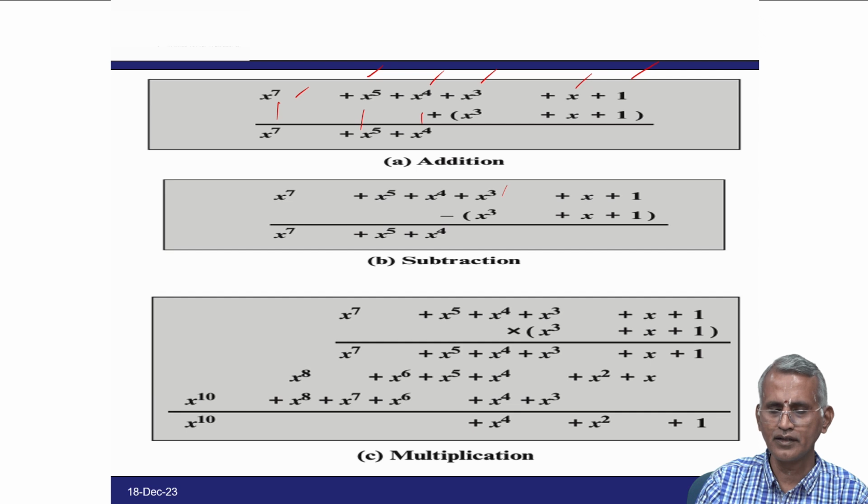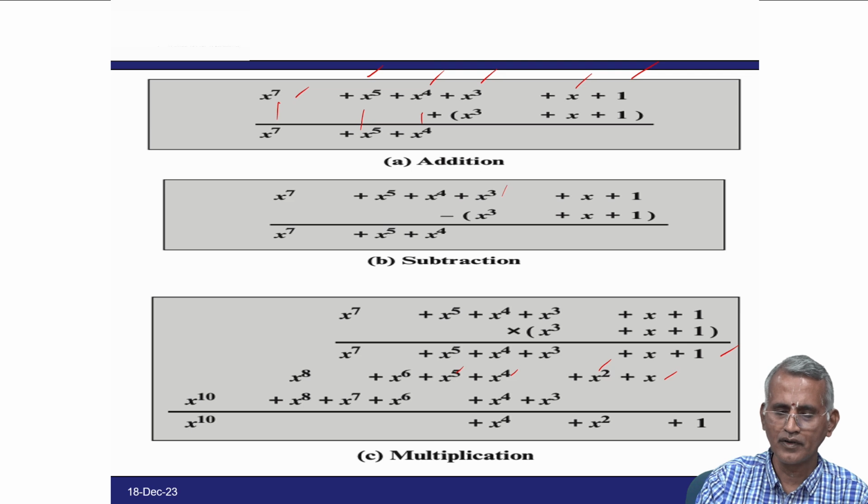For multiplication, first you multiply with 1, therefore the first term will come, and then second you multiply with x, so that x into 1 is x, x into x is x square, x into x cube is x power 4, x into x power 4 is x power 5, x into x power 5 is x power 6, x into x power 7 is x power 8, and then multiply with x cube.